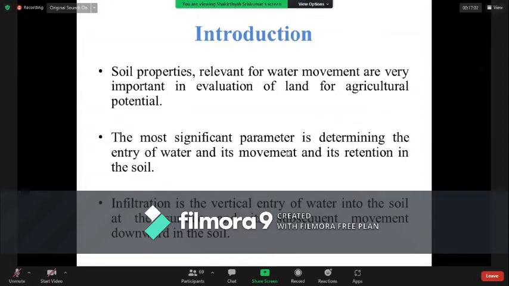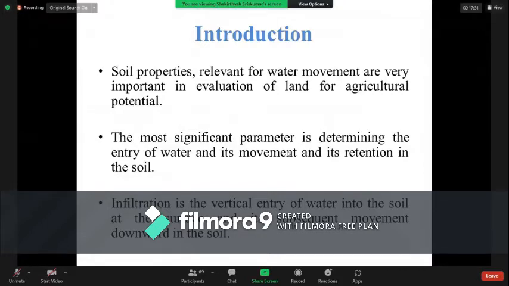So if you plow and do primary and secondary tillage, your land's infiltration capacity will increase. Once you irrigate that land, the water will move easily into the land and the plant can easily utilize that water. So this is the important thing in plowing.